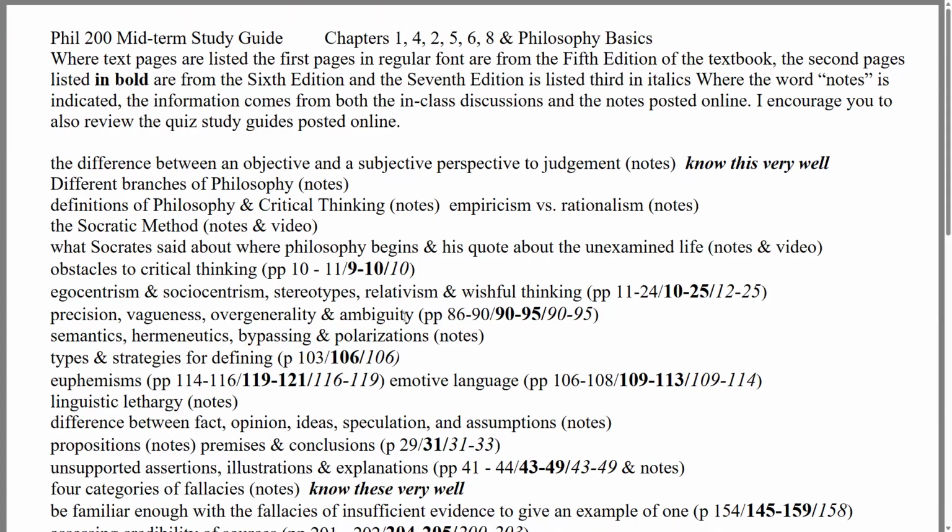Semantics is the linguistic study of the development of meanings of words. Hermeneutics, on the other hand, is a philosophical technique that takes a look at interpreting texts, art, or events from the past to try and determine what their original meanings were.